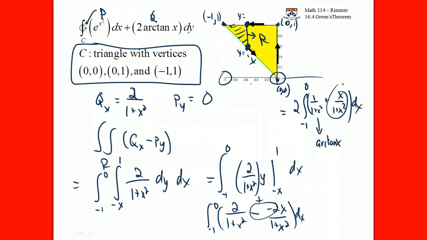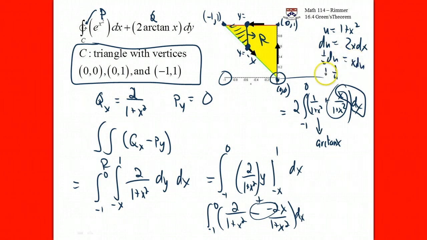Let u be the entire denominator. Because du is twice x dx. So this x dx will be half of du. So you'll be looking at 1 over u with a half du. So it's half of the natural log of u.